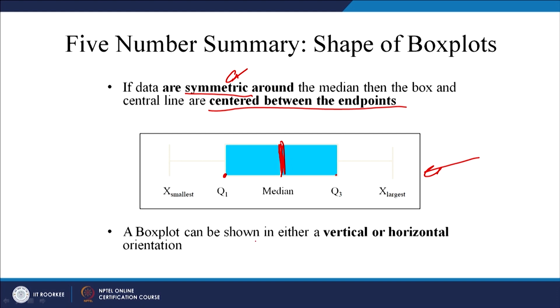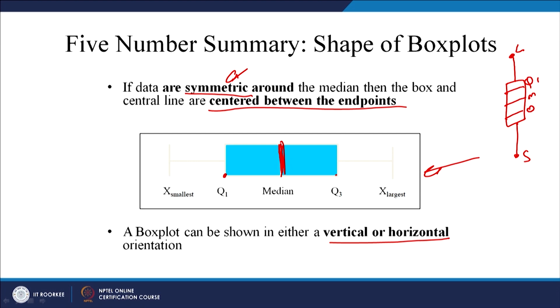A box plot can be shown in either vertical or horizontal position. So, you can have a box plot like this also, with the largest value and smallest value, and this is your median.